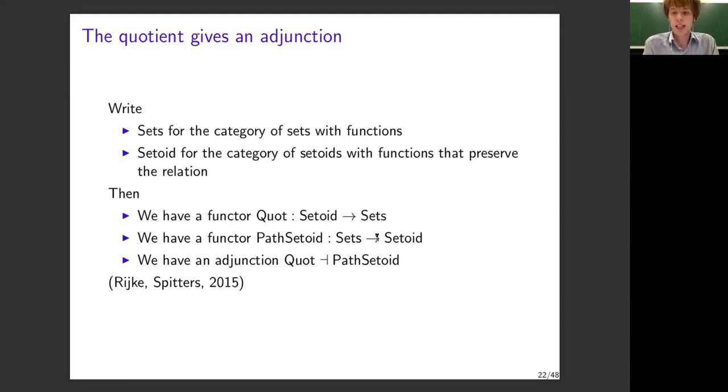It goes from set to setoid, and it sends a set X to the setoid X with the path space. So the equivalence relation is just equality. And then the important result here is that quot is a left adjoint functor, and that path setoid is its right adjoint. This was originally proven by Egbert Rijke and Bas Spitters.